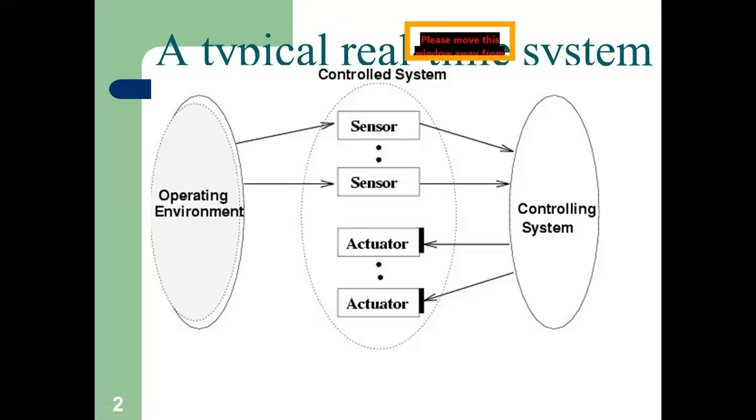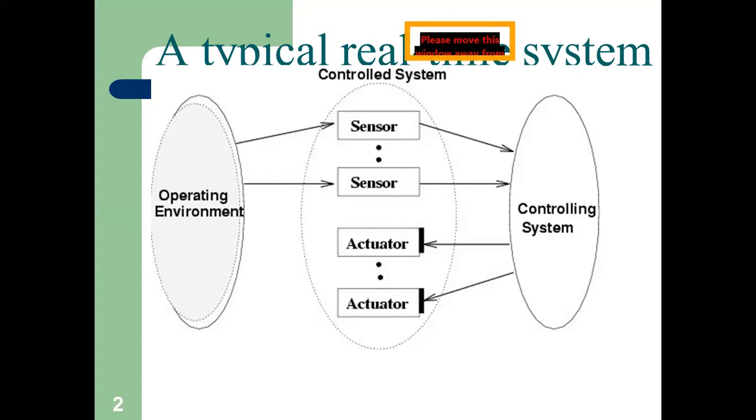So how will we control various devices with the help of the operating system to implement the real-time system? In this case, you can see the operating environment and the controlling system, and how they have connectivity, or we can say the interface.